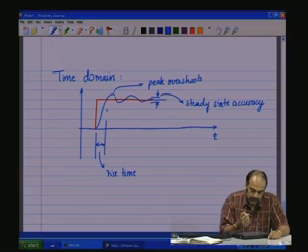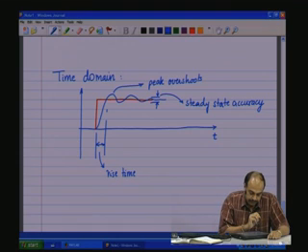Now, these are some of the parameters that can be directly read out from the time domain wave shape.